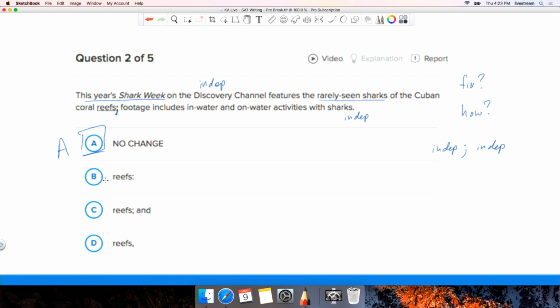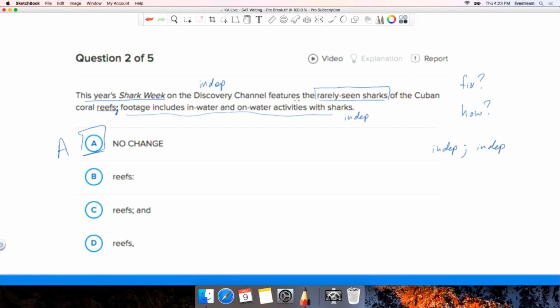Now, just to go through this, reefs colon, for answer choice B, is not correct. And it is tempting, though, because the second part here looks related to the first clause. But reefs colon would be more appropriate if the second clause were an example of some of these rarely seen sharks.